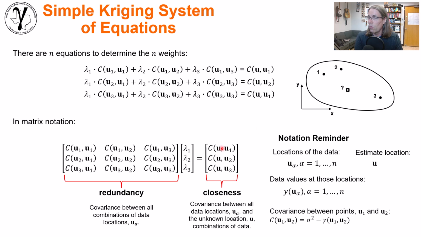That u with no index is the unknown location, the estimate location, and we have the covariance between 1 and unknown, 2 and unknown, 3 and unknown right there. So this system of equations encapsulates closeness and redundancy and the variogram model. Now remember, covariances can be calculated just by taking the sill minus the variogram values, so don't worry, if you have a variogram model, you're ready to go.